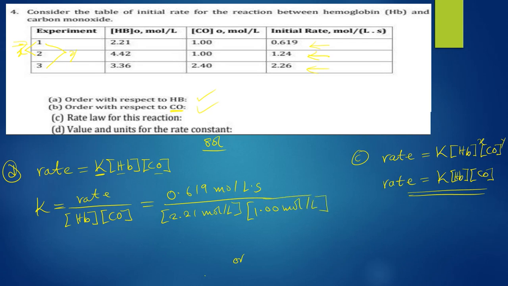And then here, when you work it out on your calculator, you multiply everything down and then you divide, you're going to have your rate constant to be 0.28 liter per mole per second, like that. So that's the units, and you're done.